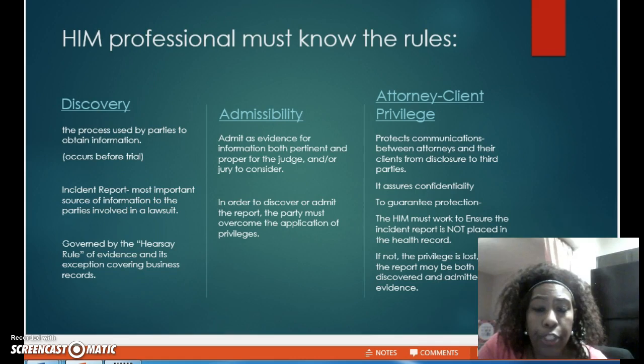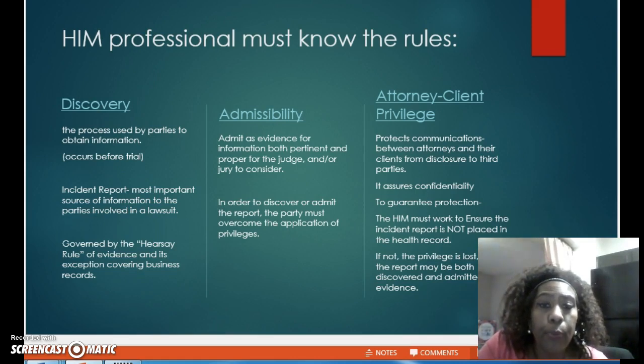The health information manager must work to ensure the incident report is not placed in the actual health record. That's crucial. It's very important that they're kept separately. If not, then the privilege is lost, and the incident report may be both discovered and admitted into evidence.